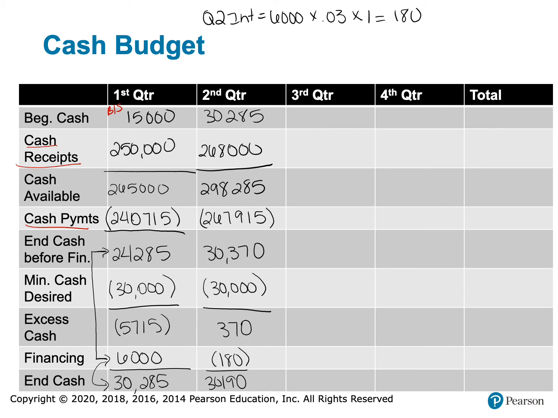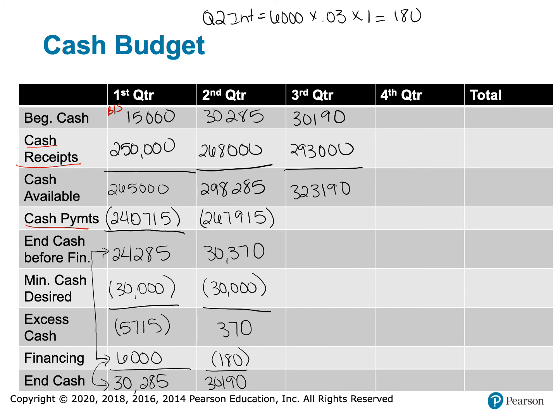So for quarter 3, my beginning cash balance is $30,190. My cash receipts from my schedule of cash receipts are $293. So that gives me total cash available of $323,190.